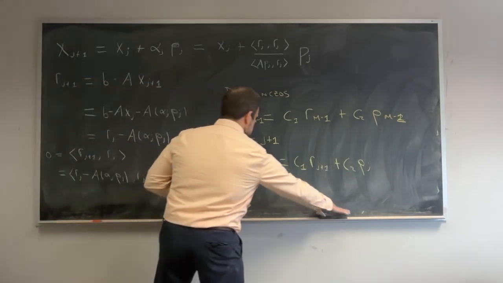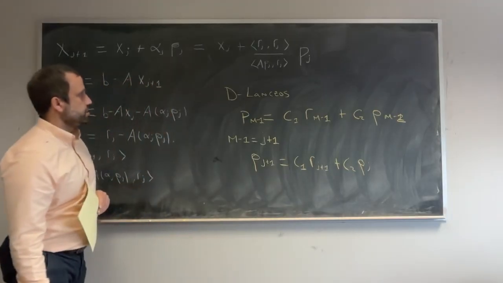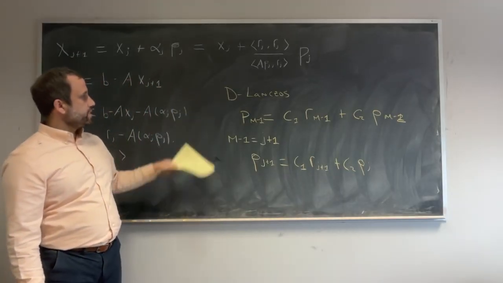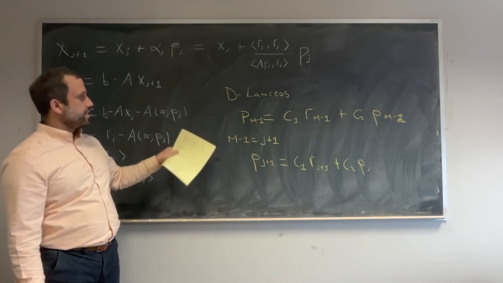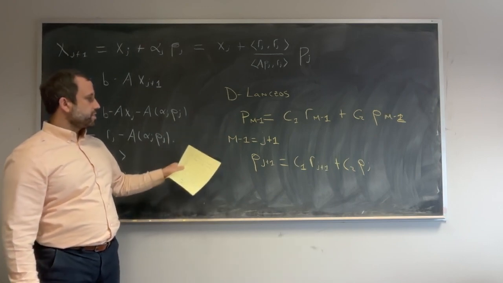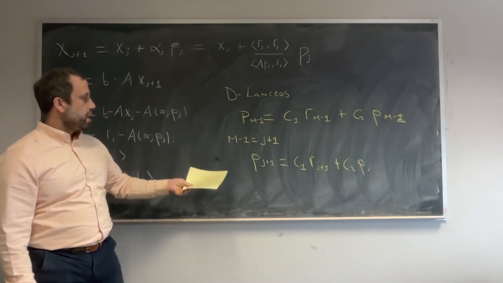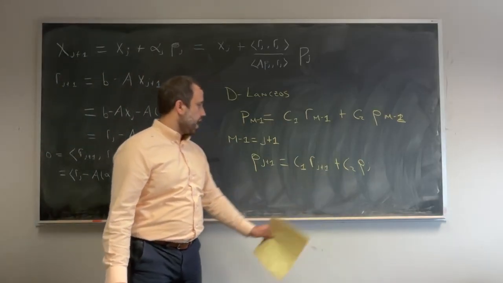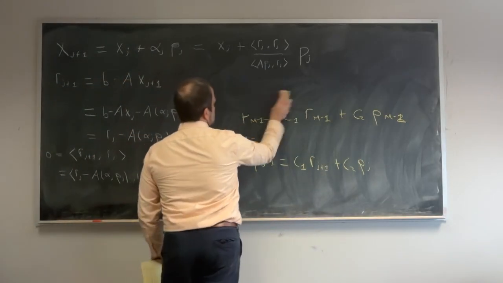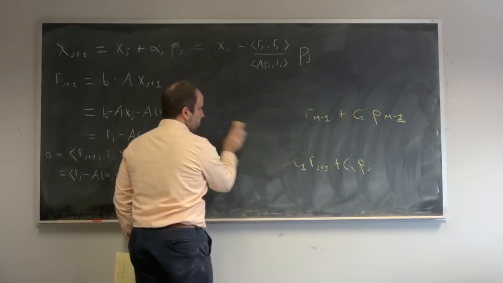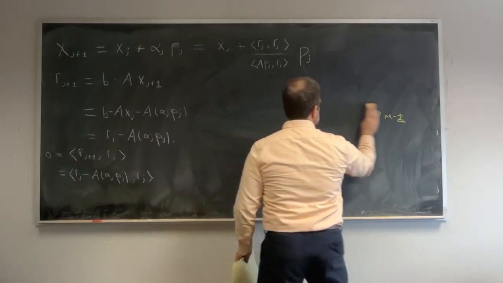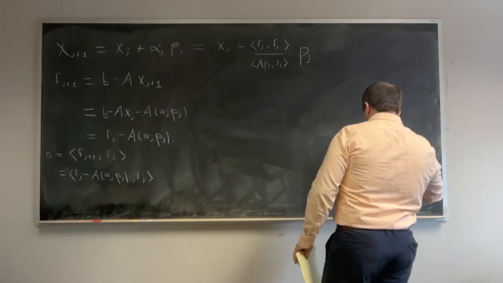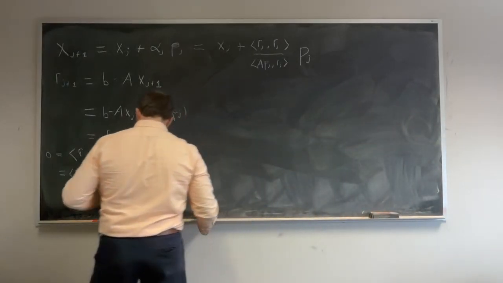So that's going to be an important thing for us to note. If we convert the D-Lanczos index statement to the index convention that we use for conjugate gradient, we see that p_{j+1} is in the linear combination of r_{j+1} and p_j. Notice that it's only the p indices that we change.